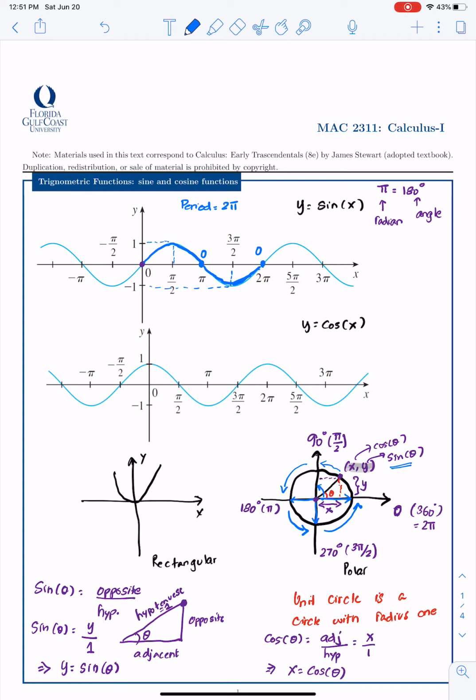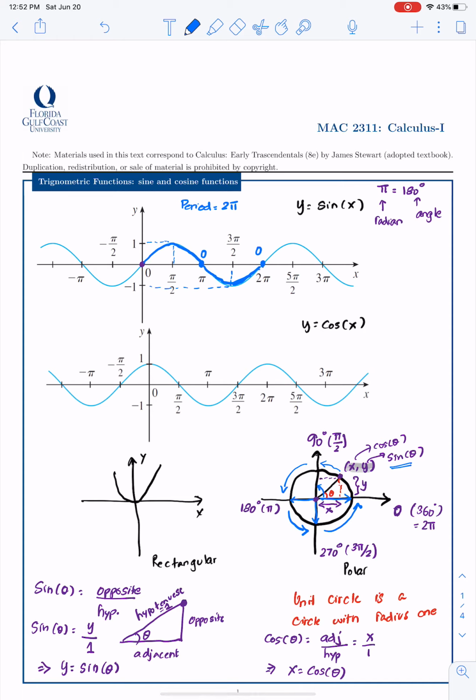When you repeat this and go for the next revolution about the circle, the wave or the function is just going to repeat itself time and time again. So whatever you see at sine pi over 2 will be the same at pi over 2 plus 2 pi.